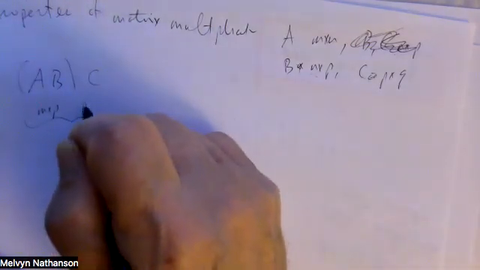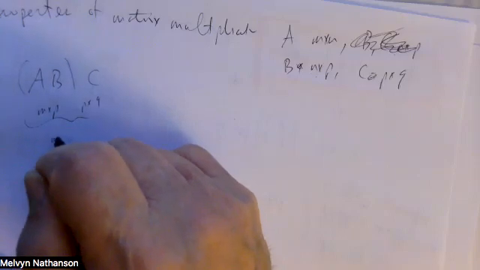So A and B, the number of columns of A equals the number of rows of B. So you can multiply AB, and this is an m by p matrix. But C has p rows. So I can take this and multiply it by C, and the result, because this is p by q, will be an m by q matrix.